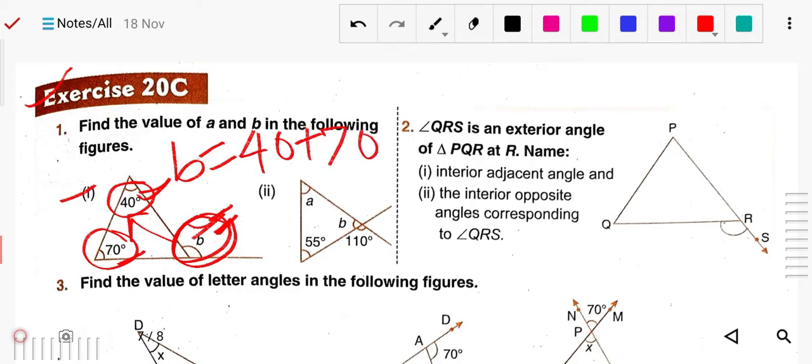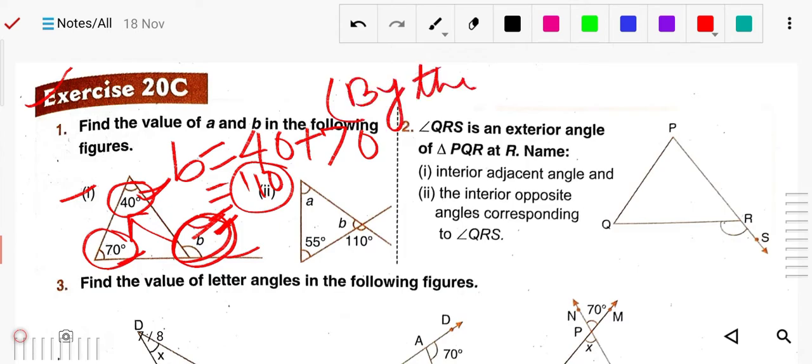What is the value? 110. So this b will be 110, and in the bracket you have to write: by the exterior angle property of a triangle.